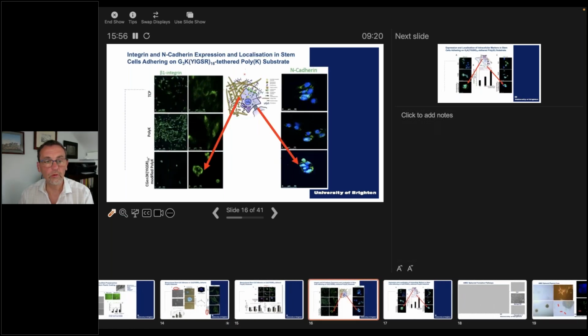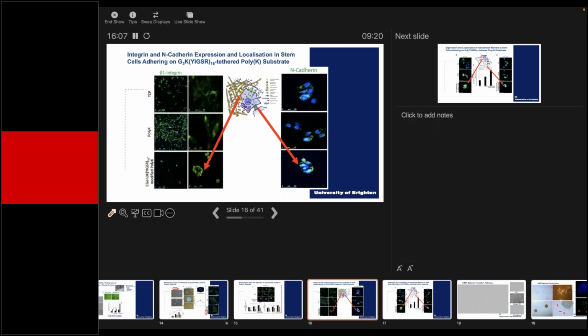We wanted to look at the way integrins were localized in these spheroids, and you can see here that, as you would expect, integrins were expressed only by the cells that were at the periphery of the spheroids, rather than by the cells inside the spheroids.